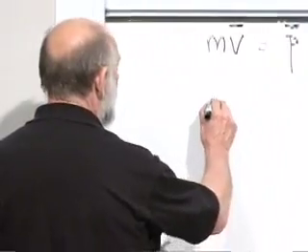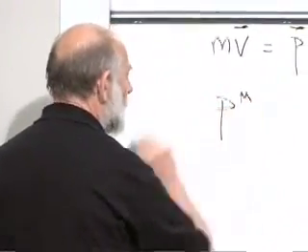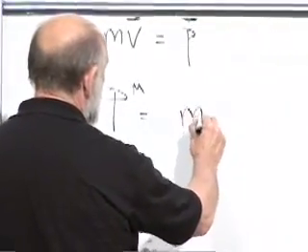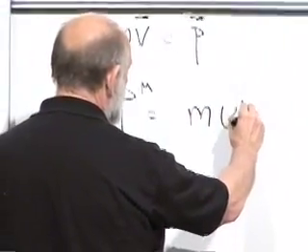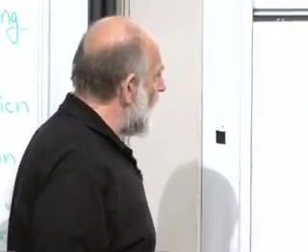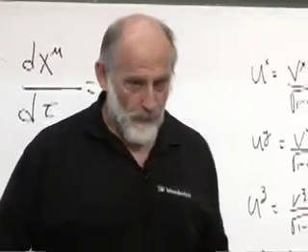So the right definition in relativity theory is that p mu with 4 components is equal to the mass times u mu. That's 4 components. Momentum in non-relativistic physics only had 3 components, but it's interesting to ask what the 4th component is. I'll tell you next time how you use the momentum.